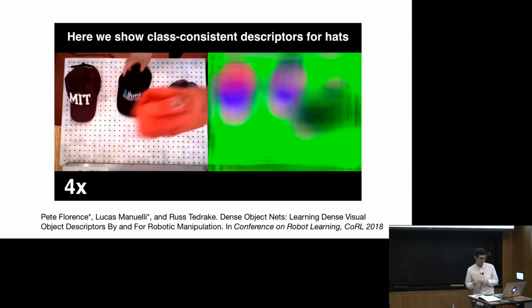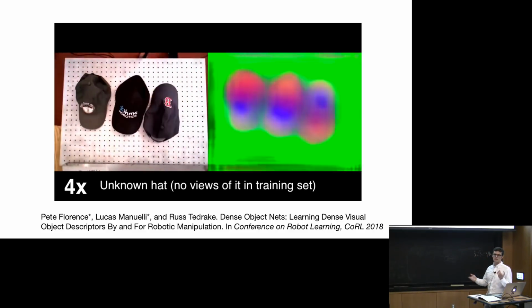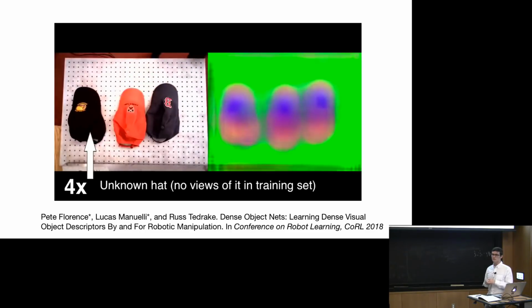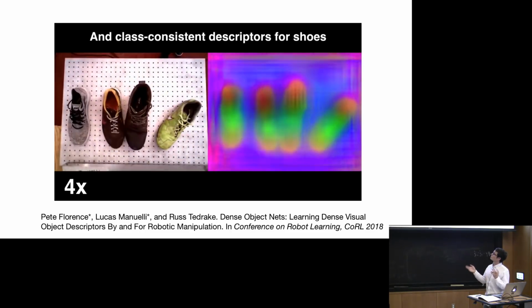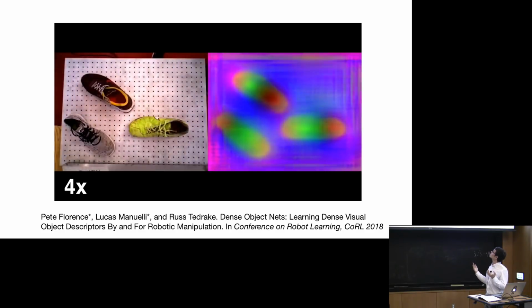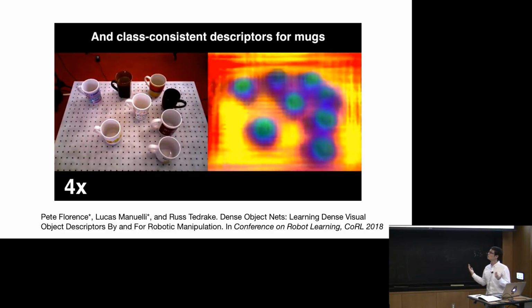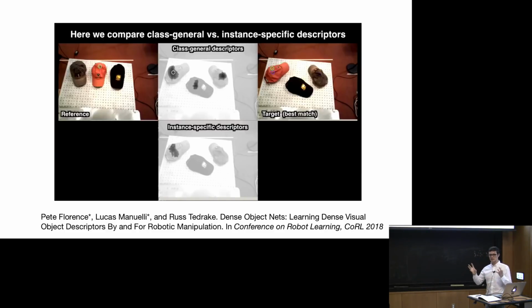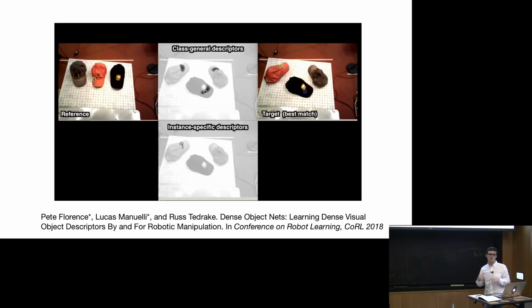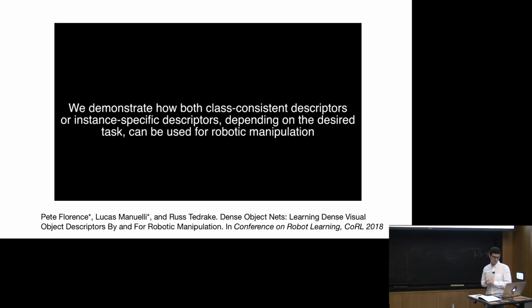And so we can get some pretty nice class general descriptors, which I can talk more about, but I just want to give you the gist. You can get class general descriptors of different types of objects. We've never seen some of these objects before, like those shoes, but the visualization on the right shows that things should generally correspond in this descriptor space representation that we train the vision system to have, of how different objects, even if you've never seen them before, correspond.